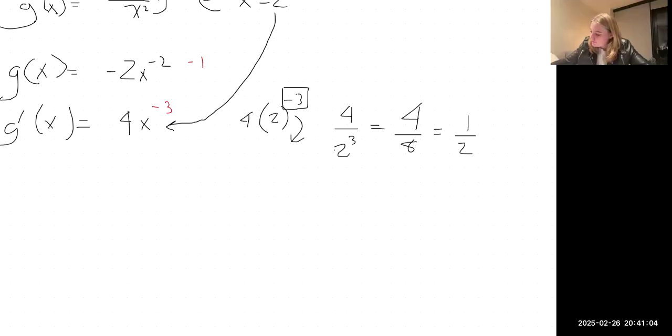To get the negative out of the exponent, you move it down to the denominator. Which equals 4 over 2 cubed, which equals 4 over 8, which equals 1/2. Got it.